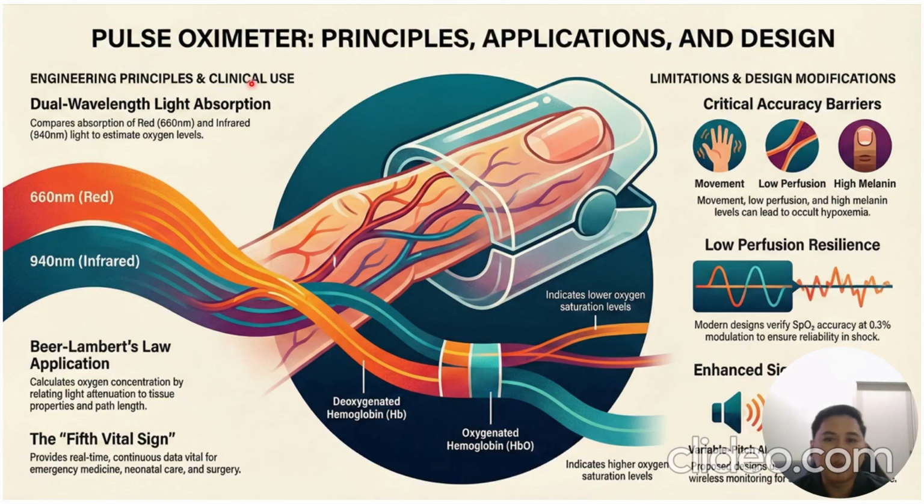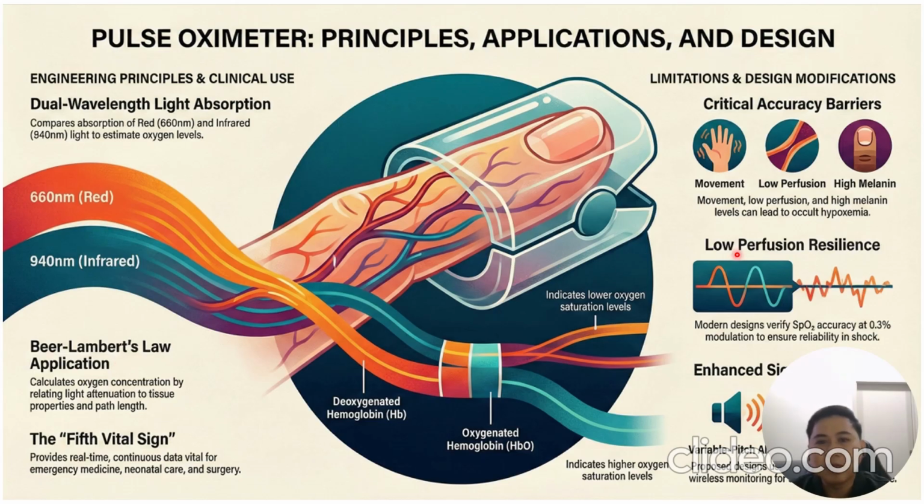This is an infographic roadmap of the presentation, showing the path from engineering principles to limitations and design modifications. We will explore the engineering principle behind this device, specifically how dual wavelength light absorption and Beer-Lambert's law allow us to see inside the body without breaking the skin.